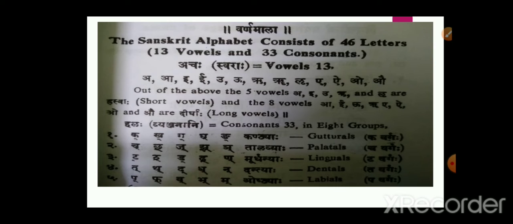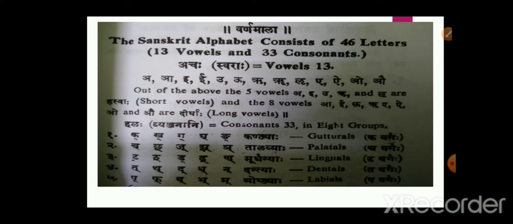So you can observe, right? When I am pronouncing, there is a drag in the sound of the letter. That's why they are called dirghaha, long vowels. So in total we have 13 vowels. Among the 13 vowels, 5 are short, called hrasvaha, and 8 are long vowels, that is dirghaha.